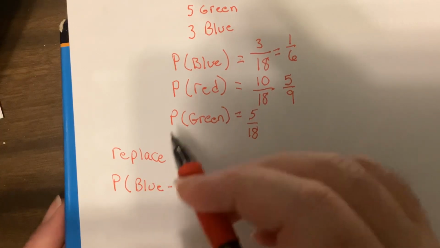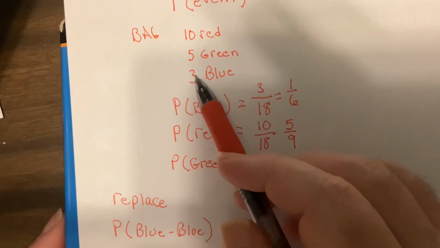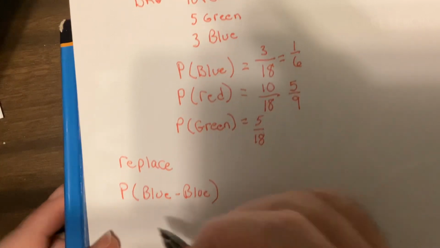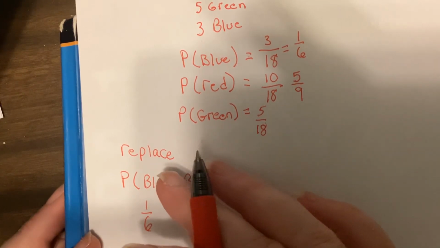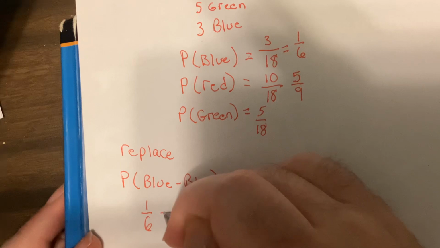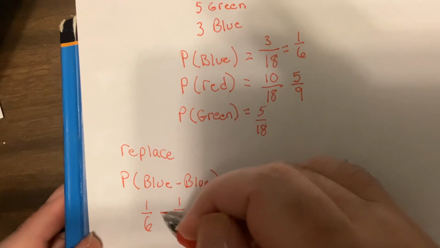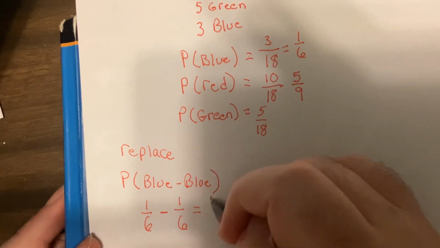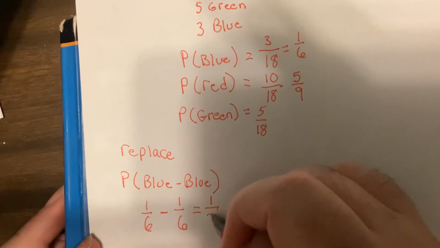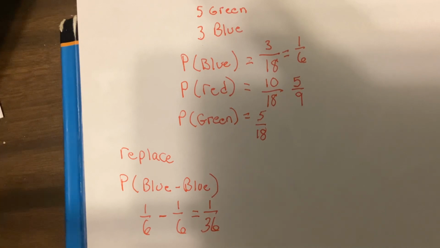Well, the probability for a blue would be 3 out of 18, which is 1/6. Then since we're putting the marble back in the bag, the second time would also be 1/6. So then you would multiply straight across, so it'd be 1 times 1 over 36. So 1 out of 36 draws would be a blue, then a blue.